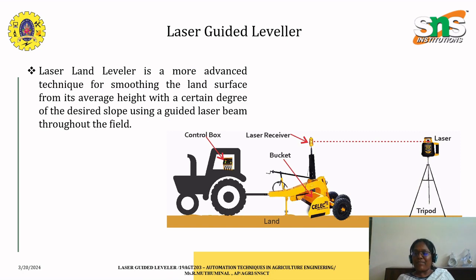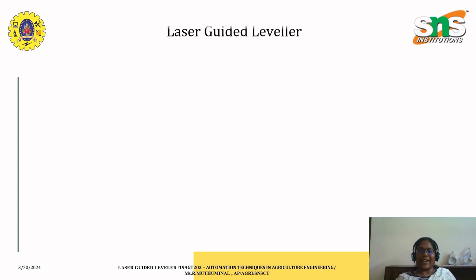That means the laser transmitter is capable of creating a laser beam, and when this beam is passed in a linear manner, the laser receiver provided nearby the leveler will be capable of sensing that laser beam, and then with the help of this receiver and the control box electrical circuit, we can move this laser guided leveler along a linear path. This is the principle involved in the laser guided leveler.